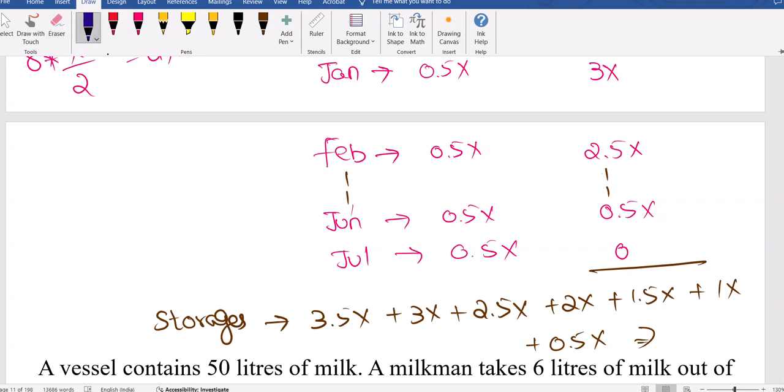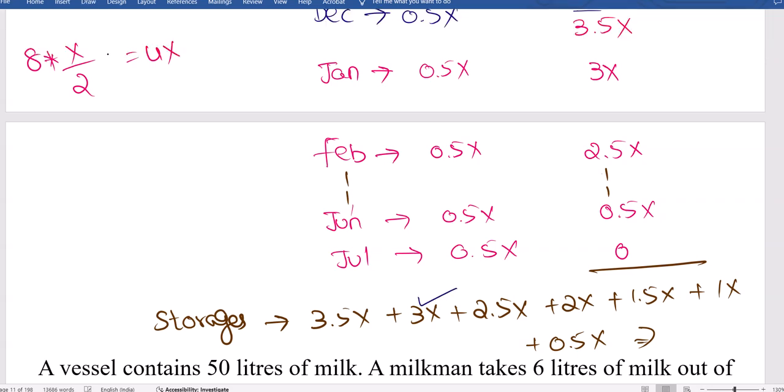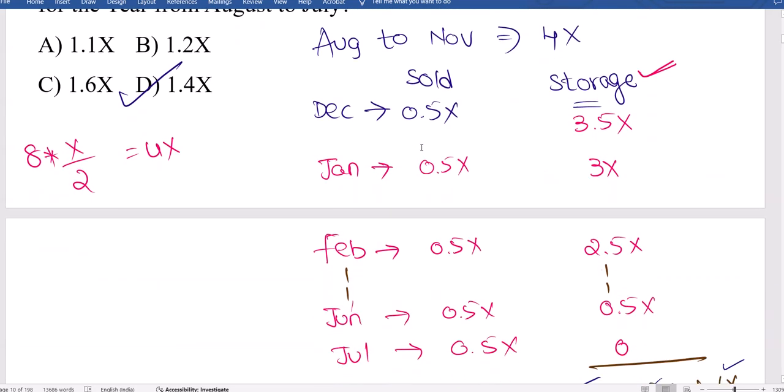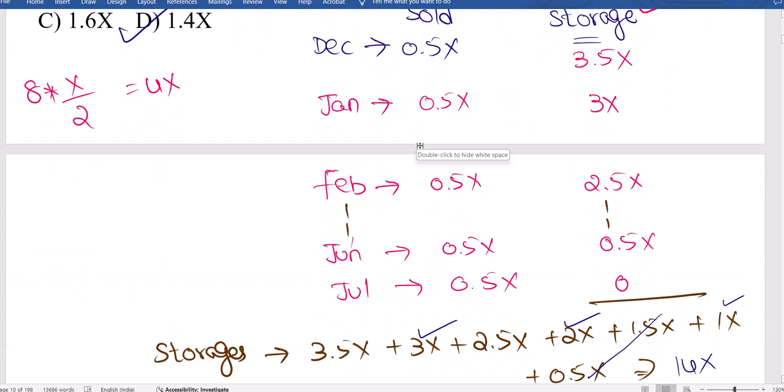Add all this. Integers you add first of all. What is 3 plus 2 plus 1? 6. Then this is 2, 8. 8 plus 6, 14x. So storage is totally 14x. For each one, how much do you need to pay? 0.1. So 1.4x is the answer. 14x into 0.1. This question is a bit typical, an excellent question to be precise.